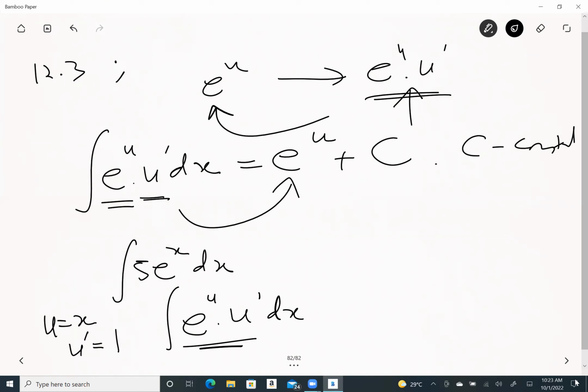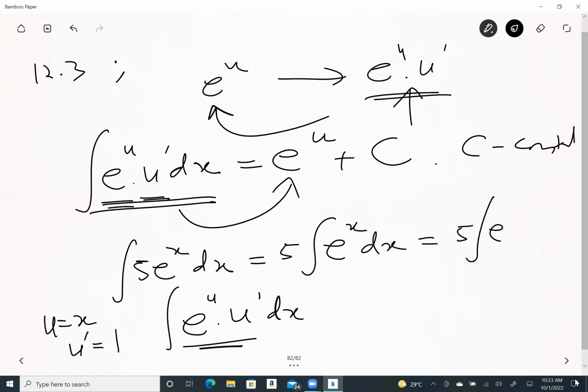So do I have the function that I can integrate? I get e^u. So what I have is 5 e^x. Of course, there is a 1 there, you can put a 1 there. So that is 5 e^x times 1 dx. This is e^u, and that is u prime. So therefore, our integral will be equal to 5 e to the power of x.